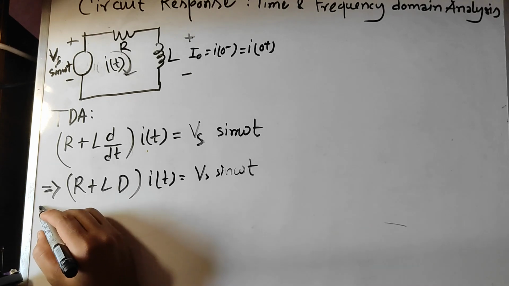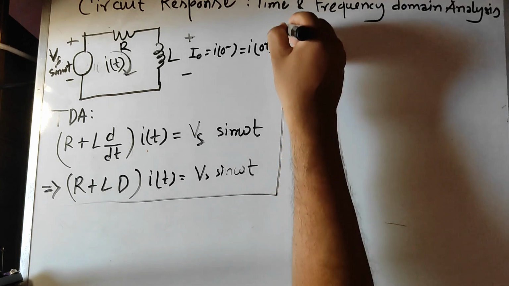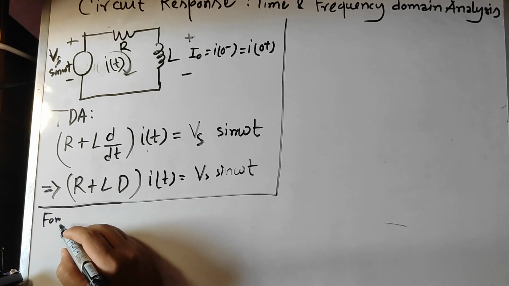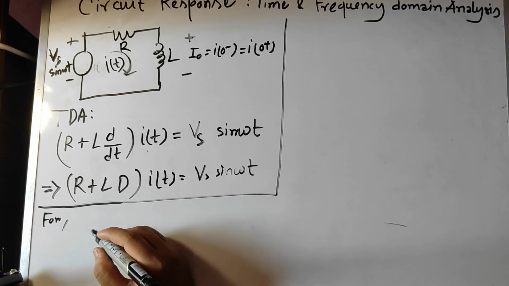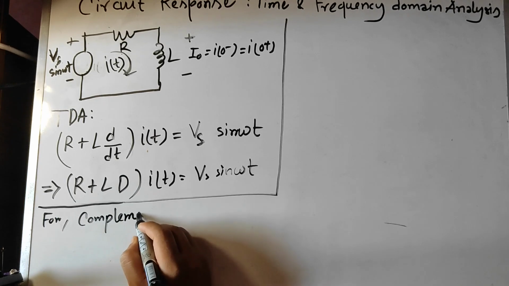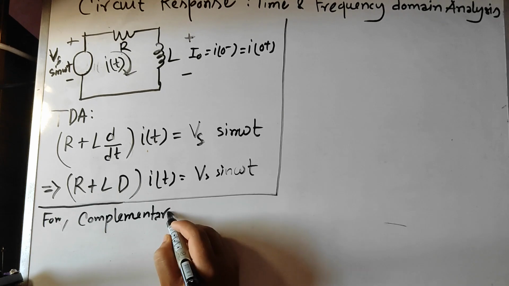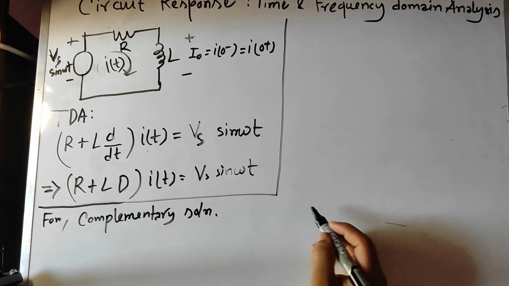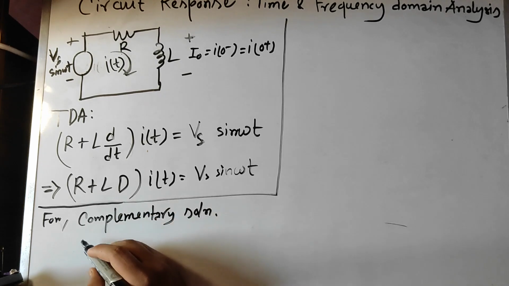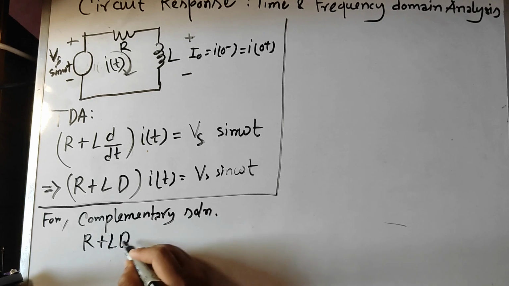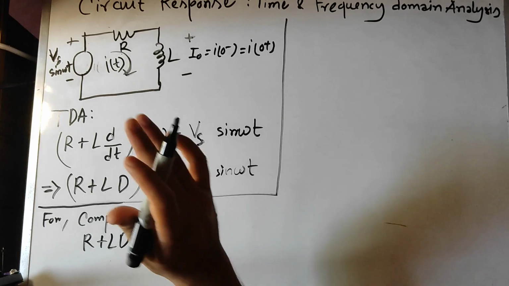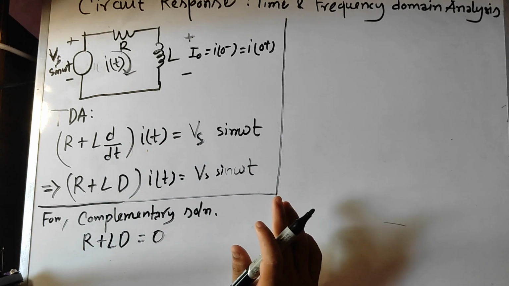For the complementary solution, we take the equation R plus LD equals 0. This is also the characteristic equation of the LTI system, the RL circuit.